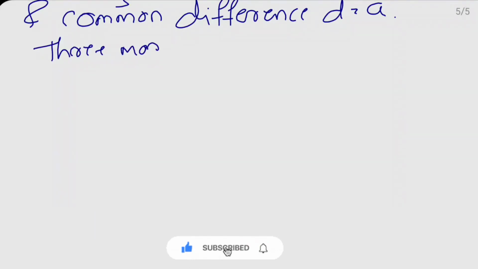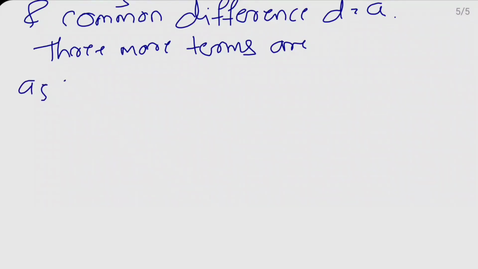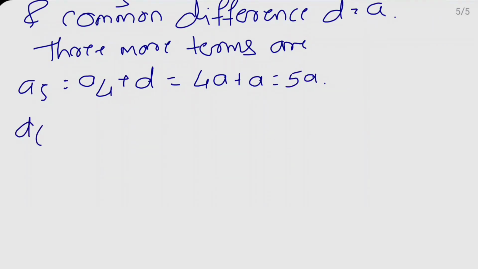Three more terms are: A5 equal to A4 plus D. So A4 is 4A plus D is A. 4A plus A is 5A.